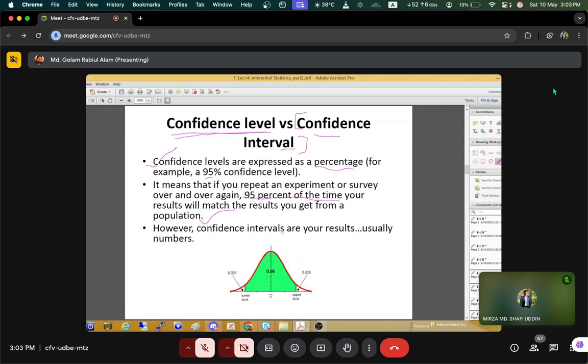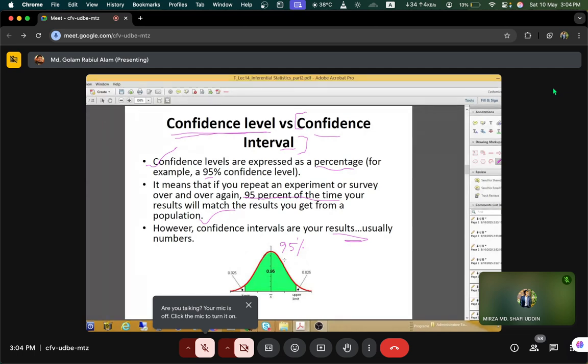However, the confidence interval is your results. Those are values, not a percentage. If you say you have a 95% confidence level, then your experiment will show the result you mentioned 95% of the time.